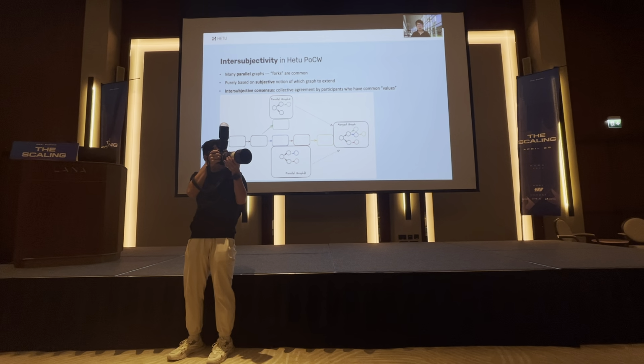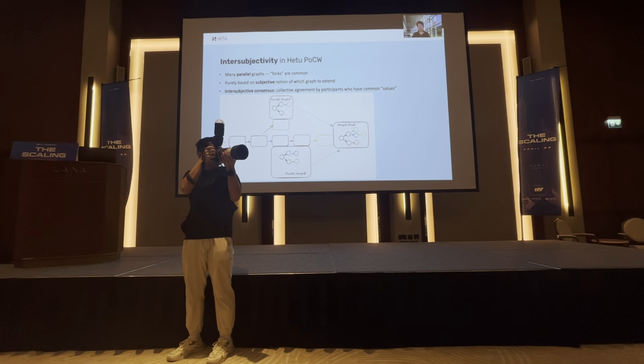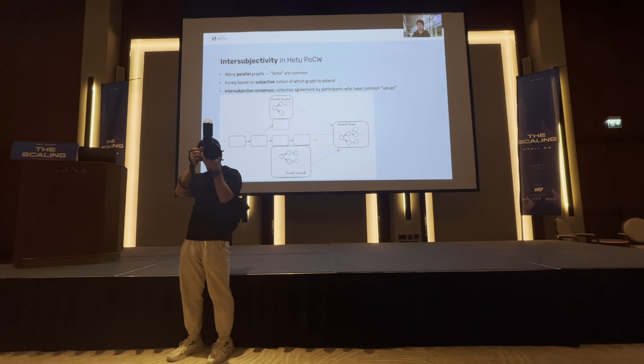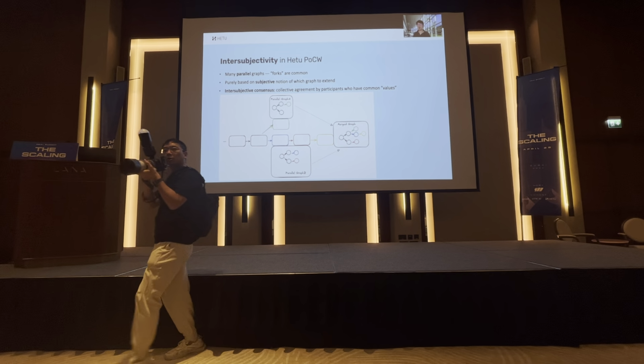But eventually we do have something called an intersubjective consensus, meaning there is collective agreement by participants who have common values. That means a set of people, or a bigger set of people, who think one part of the graph is more appropriate will work on that graph accordingly.